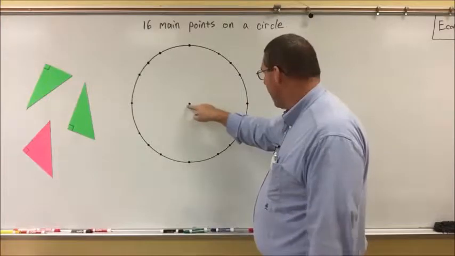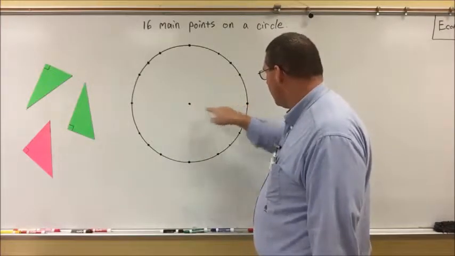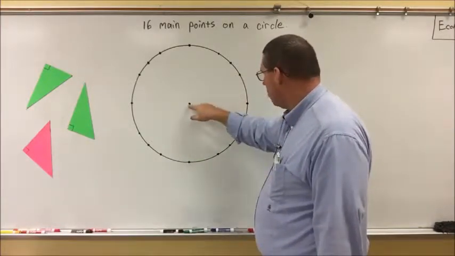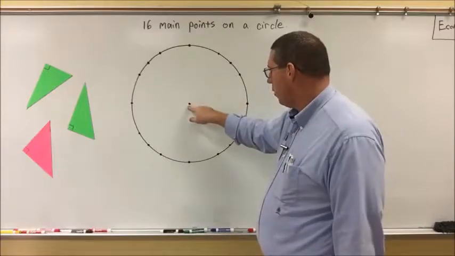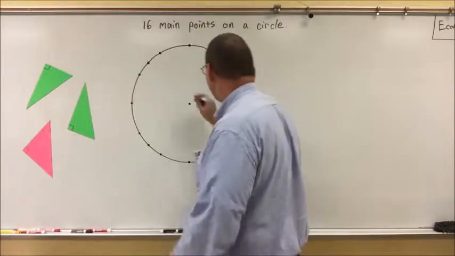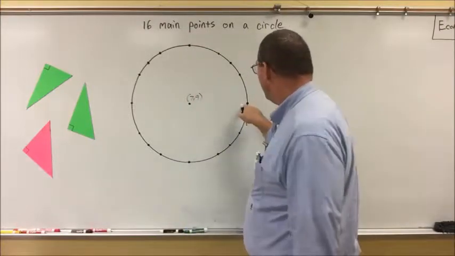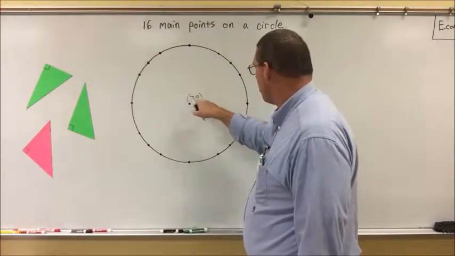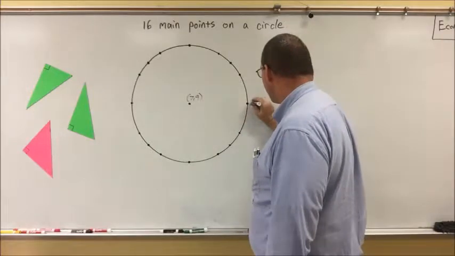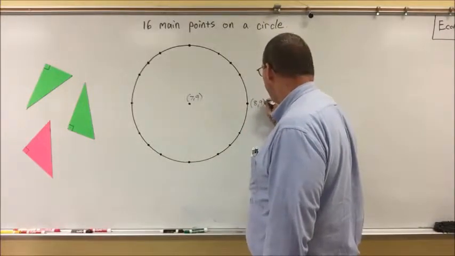So this one is exactly whatever the radius is. This point is exactly one radius from this point. So if this was the point 7 and 9, then we would just add 1 to the x coordinate because we're going 1 to the right. So this would be the point 8 and 9.